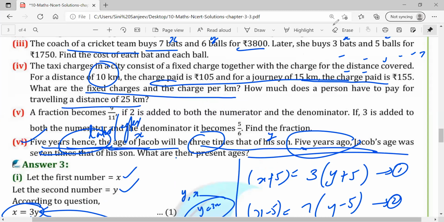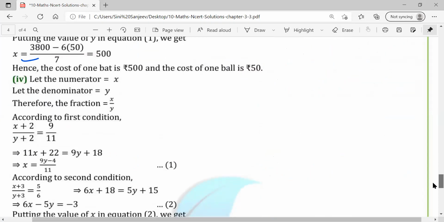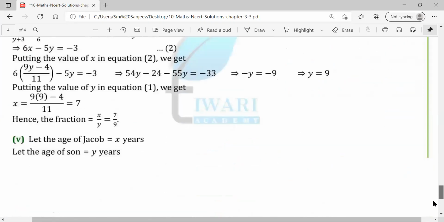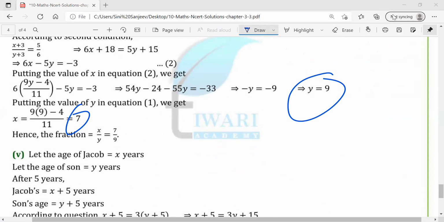Clear? So upon solving, we'll get x as 7 and y as 9. These are all textbook questions only.